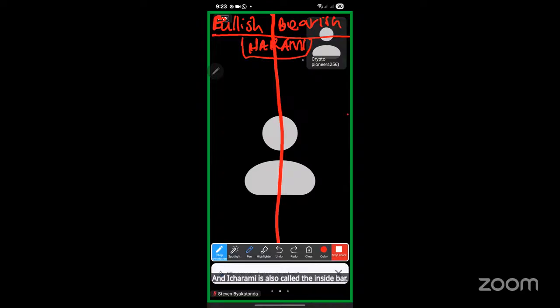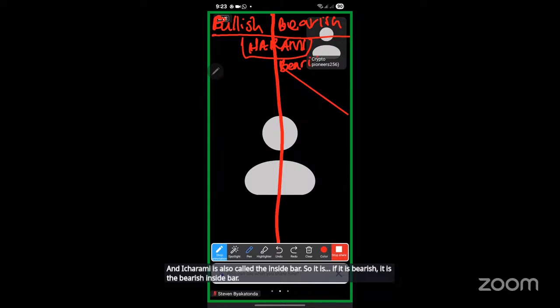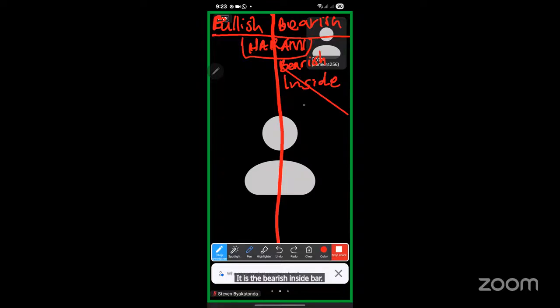If it is bearish, it is the bearish inside bar. And if it is bullish, it is a bullish inside bar chart pattern.